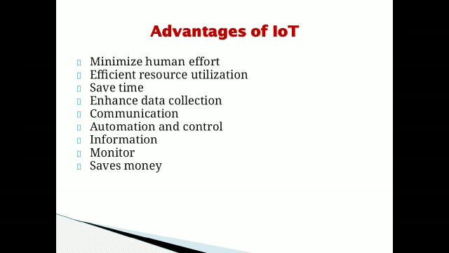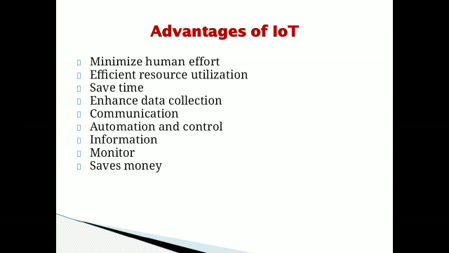Advantages of IoT. There are various advantages. It minimizes human effort, because IoT devices interact and communicate with each other without the intervention of humans. In the first slide itself we discussed what IoT is.